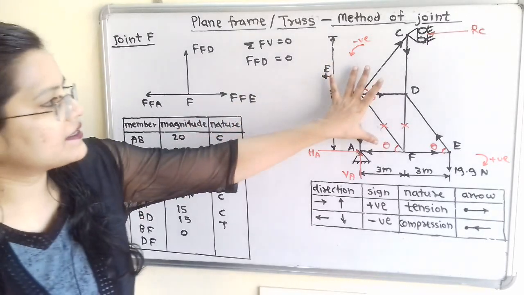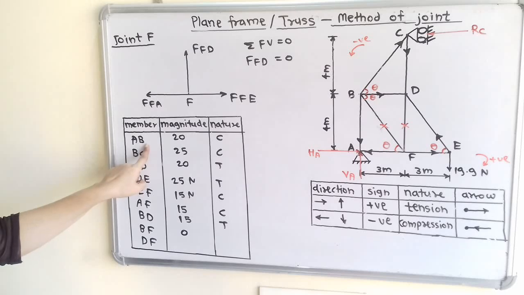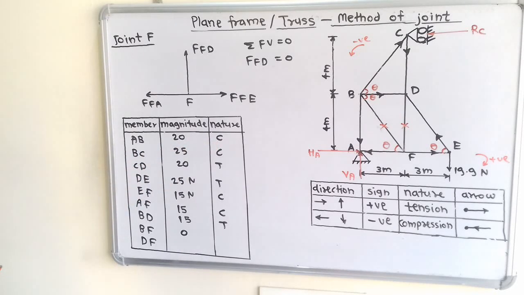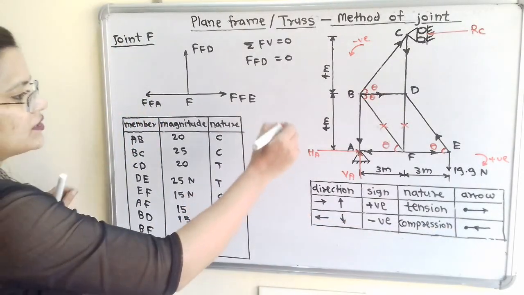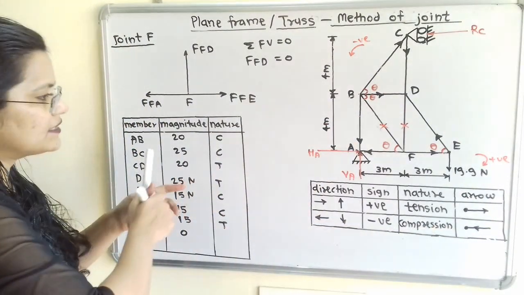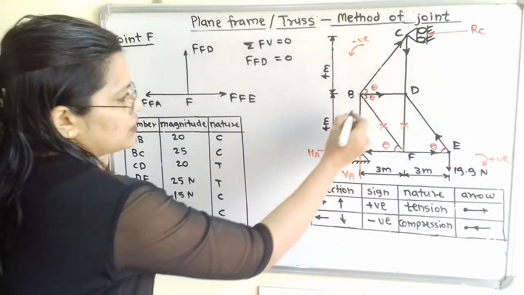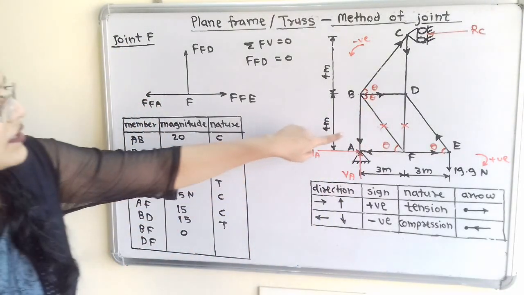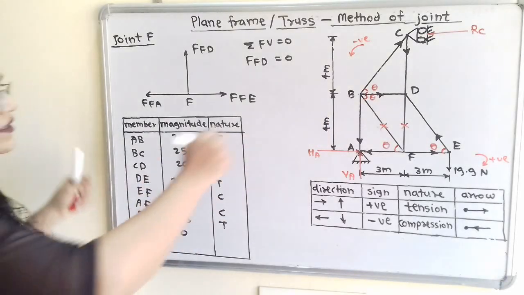Now we will complete this diagram also. For member AB, magnitude is 20 Newton and nature is compression. For compression, direction is towards the joint. So we have to show the arrow towards the joint B also.